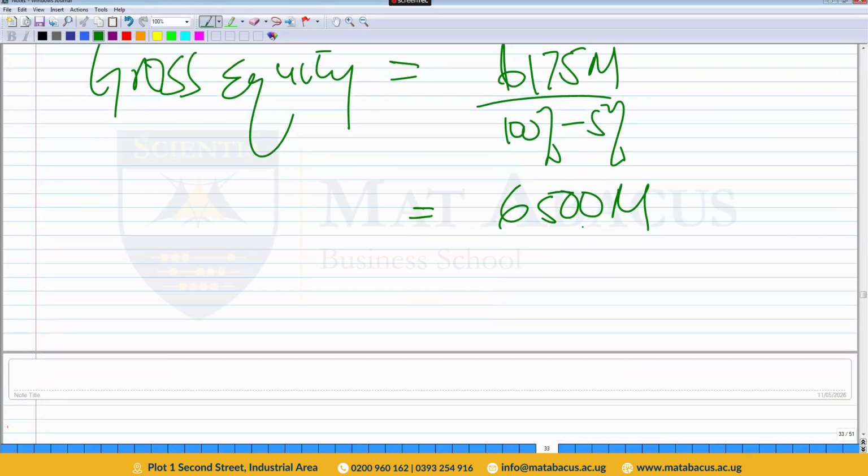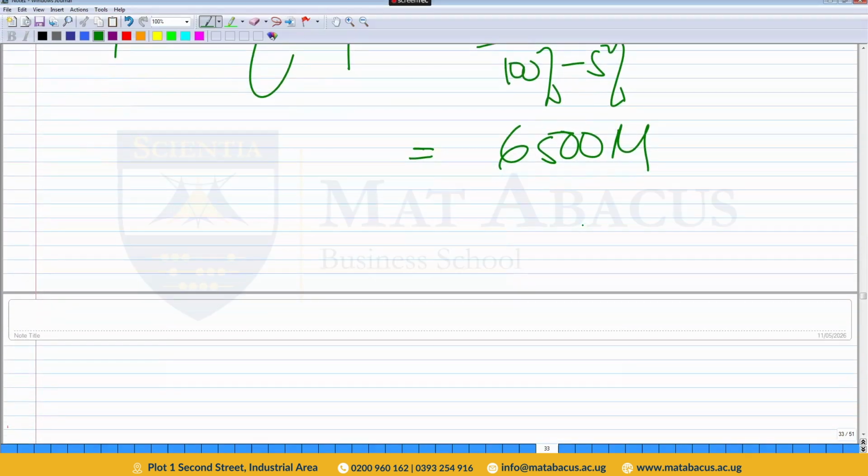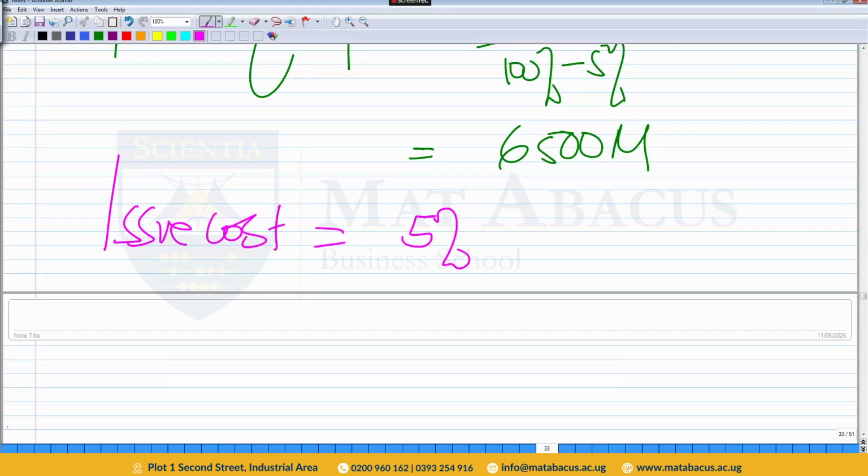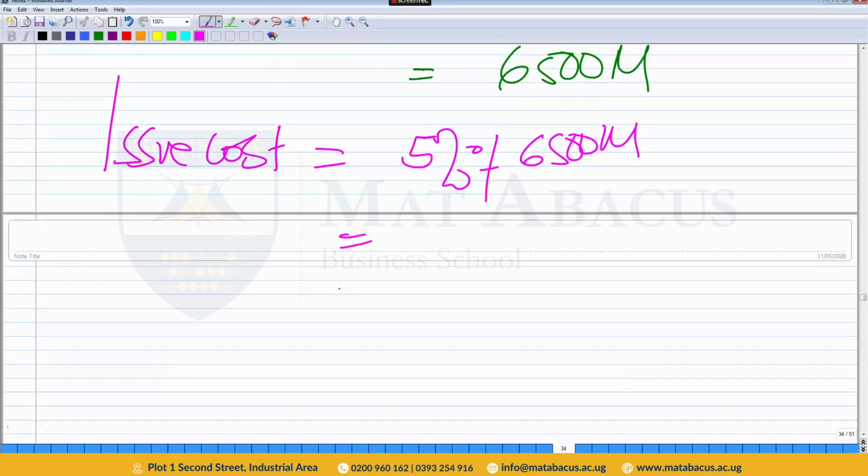Hence the issue cost should be 5% of 6,500 million. And when you do that, you'll get 325 million.